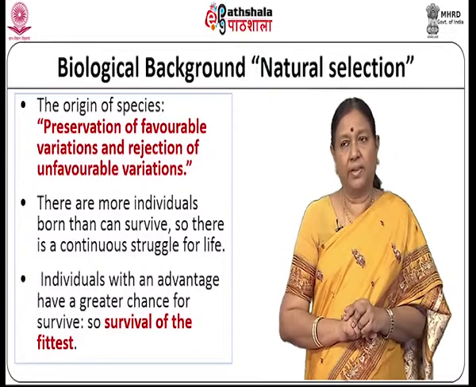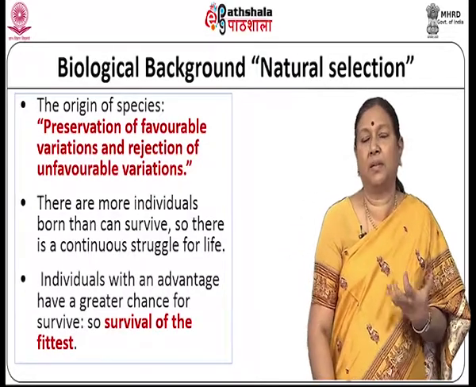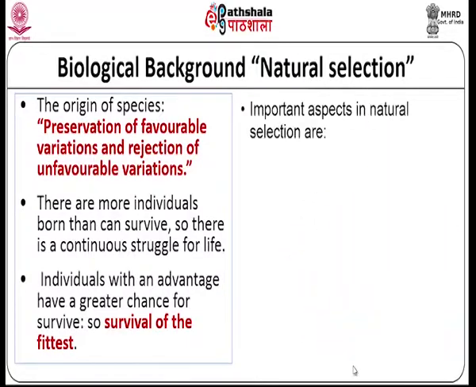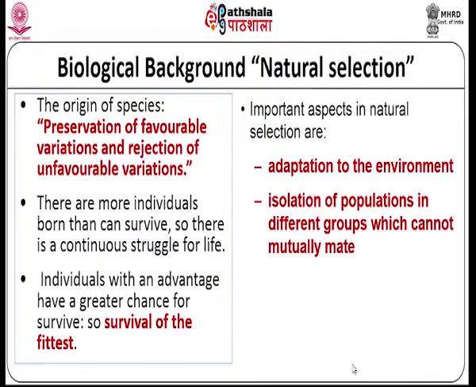That is the survival of the fittest policy, which again we will be using as a core for the genetic algorithm. An important aspect in natural selection is adaptation to the environment. We want the selection to occur in such a way that there is adaptation to the environment, and isolation of populations in different groups. There should be groups formed which cannot mutually mate.